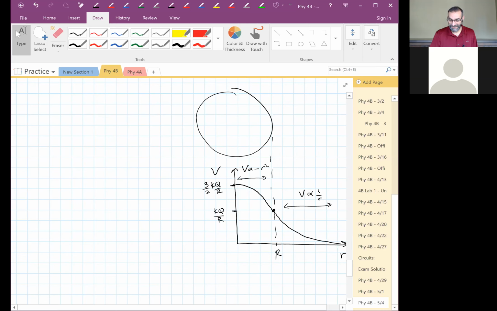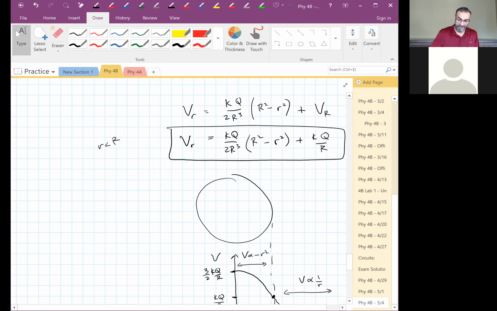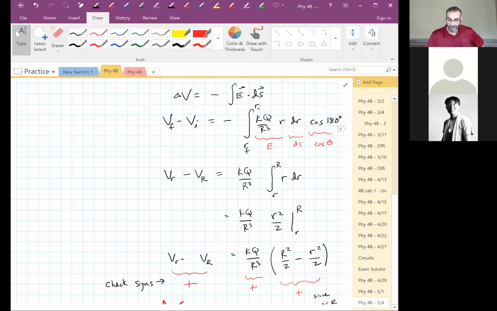Let's do that. You just plug in 0 for little r and figure out what the potential is, and that's what it turns out to be. Okay, I'll pause the recording.